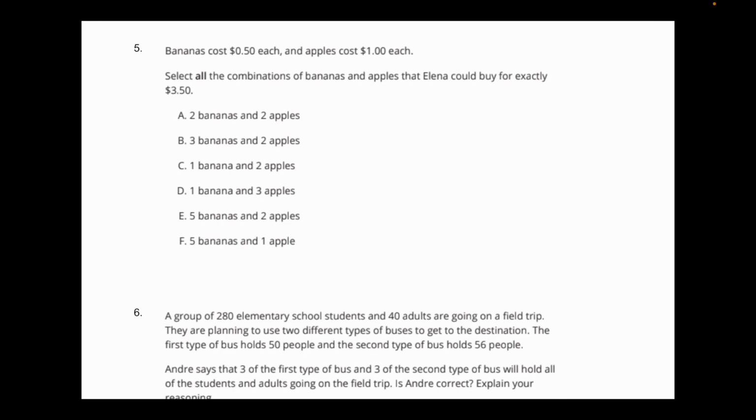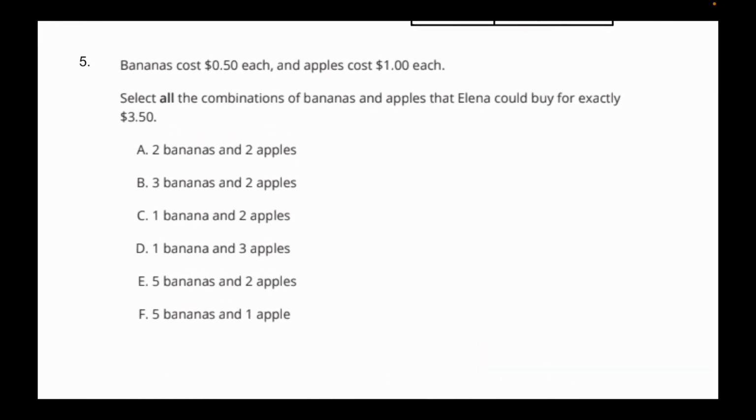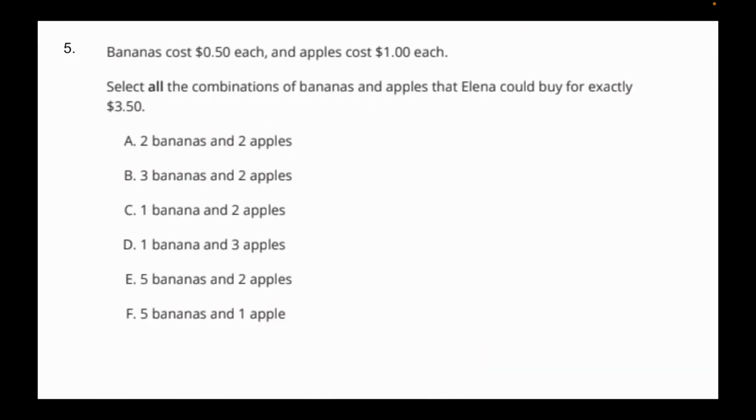Moving on to number 5, we have bananas cost 50 cents each and apples cost $1. We want to select all combinations of bananas and apples that Elena could buy for exactly $3.50. Now, you could write an equation for this and plug numbers in, but 50 cents and $1 are fairly easy numbers to use, and we don't have very large numbers for our bananas or our apples.